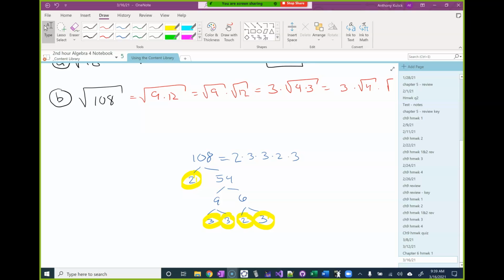And then I just still have this 3 at the end. Is that okay? And then you can break that up, square root 4 times square root 9 times square root 3, gives us 2 times 3 times square root 3, or 6 square root 3.